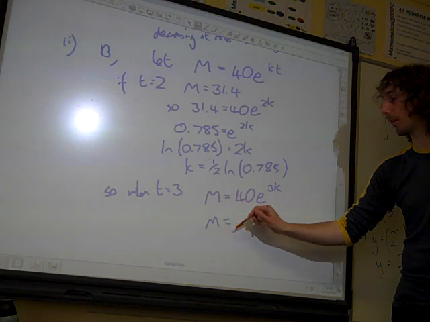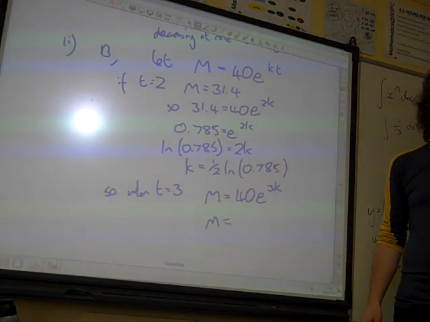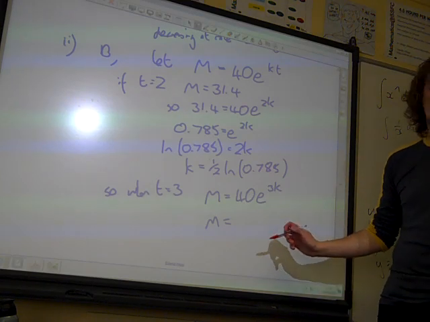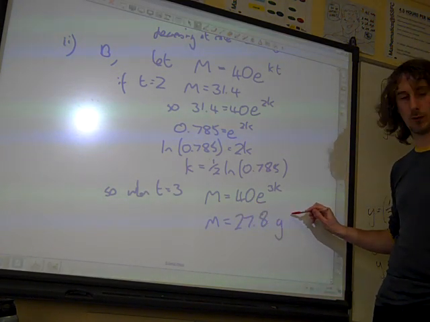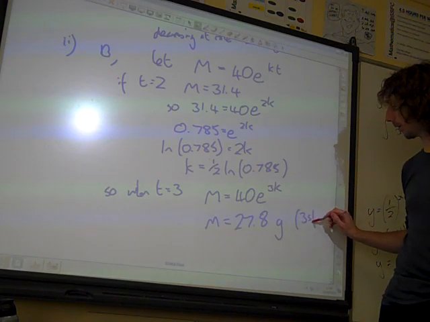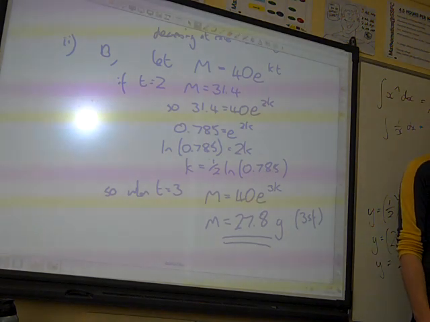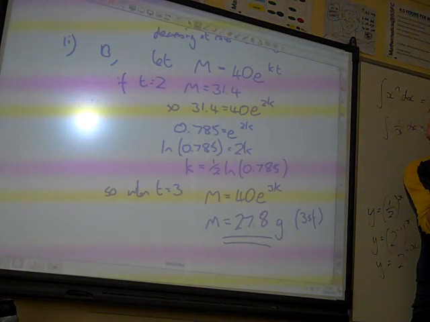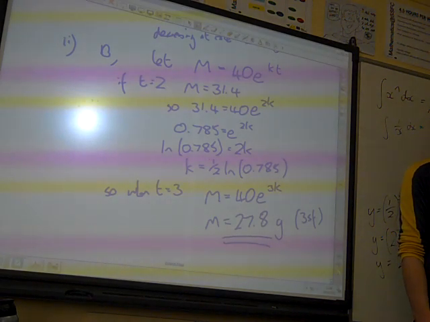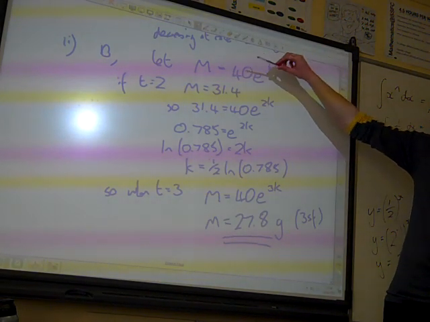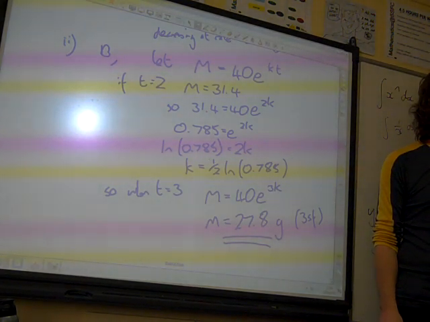So in my calculator I'm going to do 40e to the half ln 0.785, and I'm going to get 27.8 grams to 3 significant figures. There we go. It was a little bit tricky because it was kind of a funny way of asking the question, wasn't it? But actually, if you fit it to a model that we already knew, then it would have been quite nice.